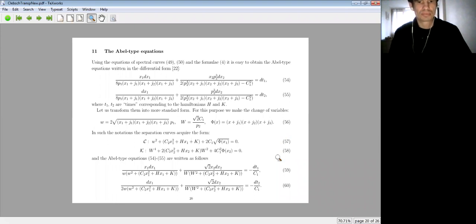And in this case, the separation curves are simplified to the form 57, 58. And the Abel type equations are written in the form 59, 60.